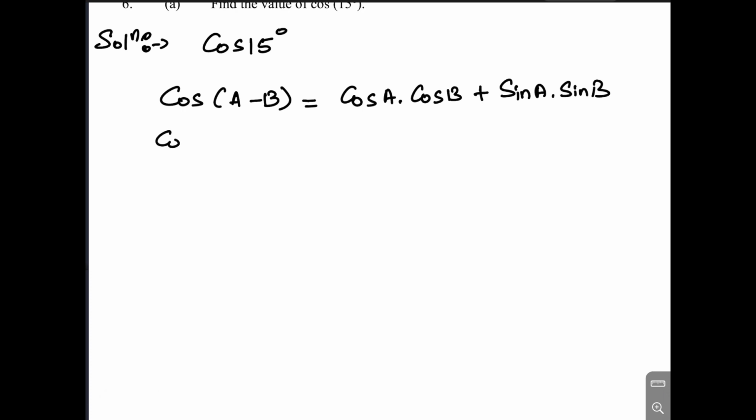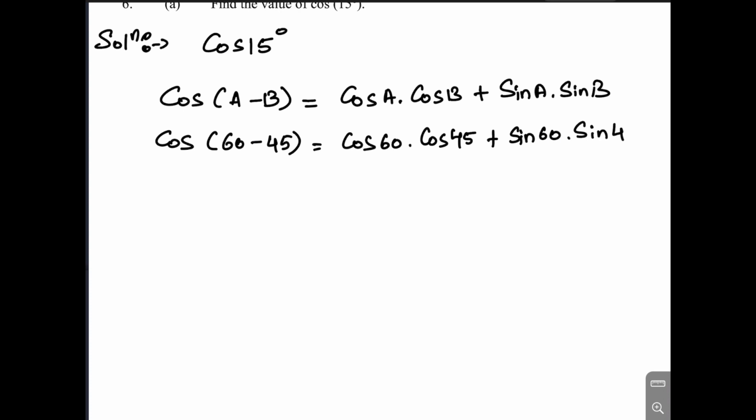Cos 15 can be found by using cos(60 minus 45), which gives cos 15. So we can substitute the values of a as well as b in the given formula: cos 60 into cos 45 plus sin 60 into sin 45.